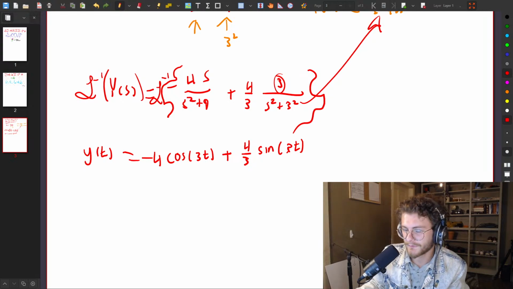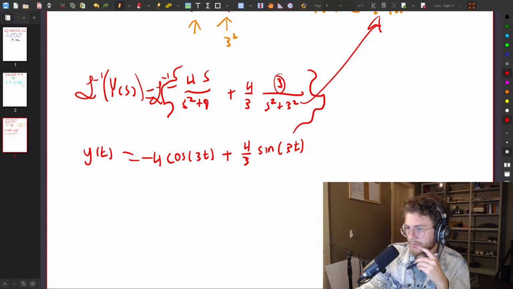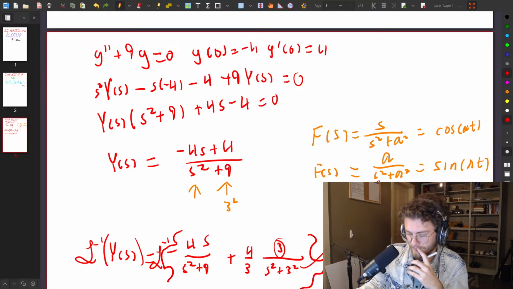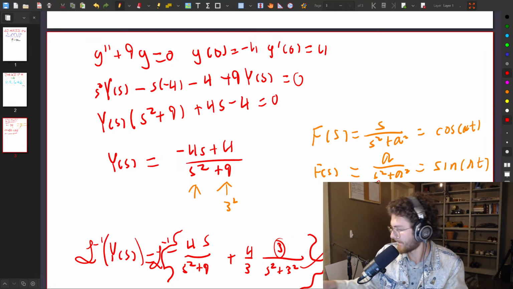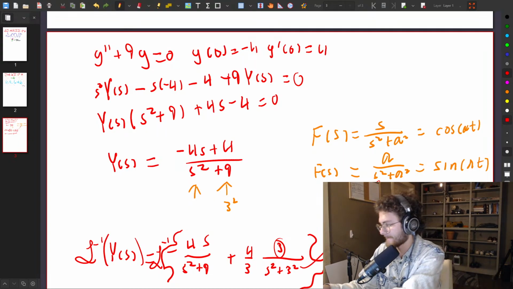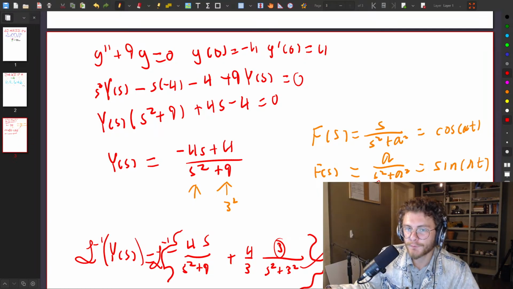Okay, let's see what this sounds like. Let me get this thing. Are you ruining my dreams now, computer, telling me that I didn't get this right? Oh, it wants me to do partial fraction decomp again.